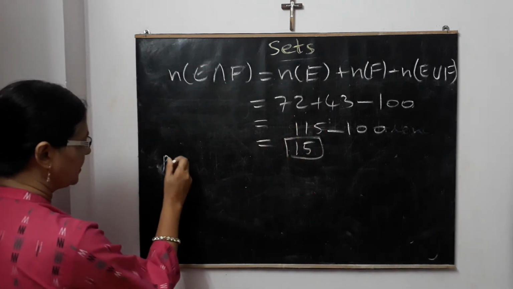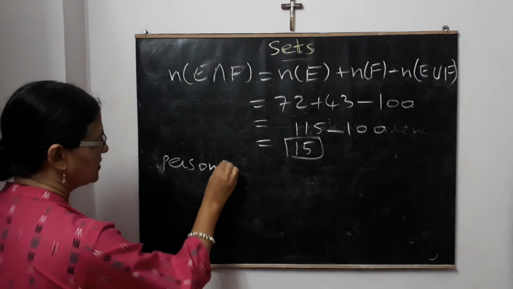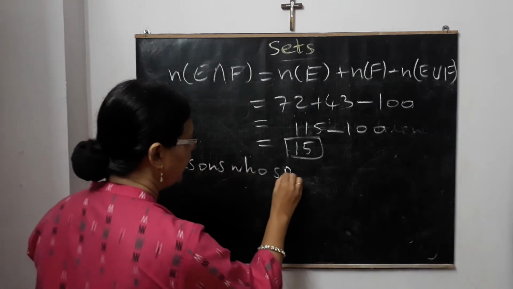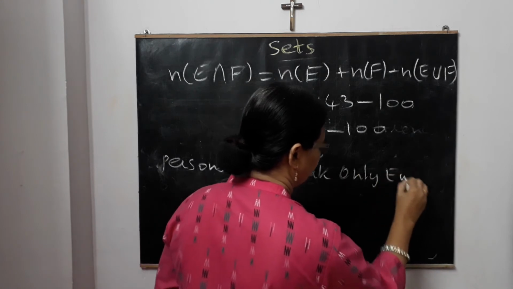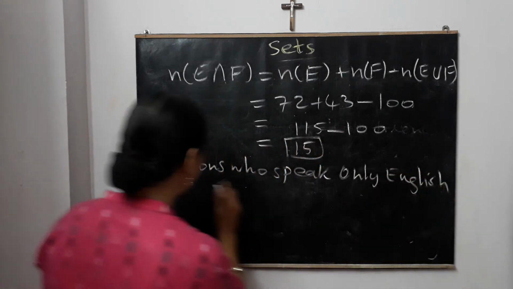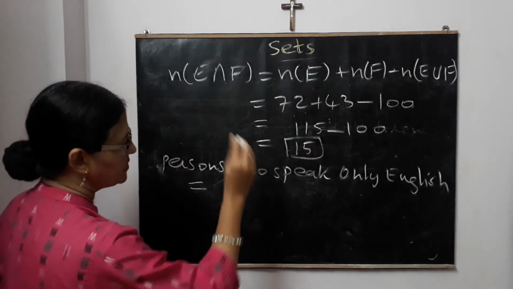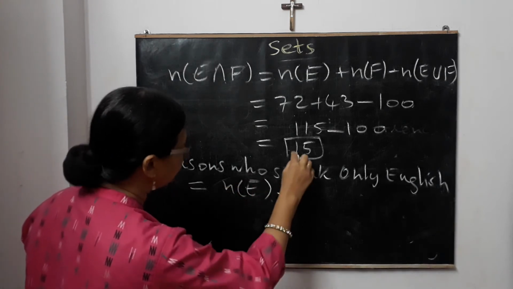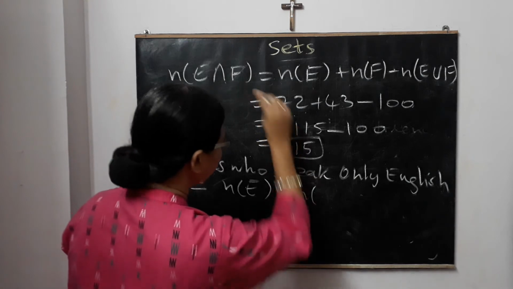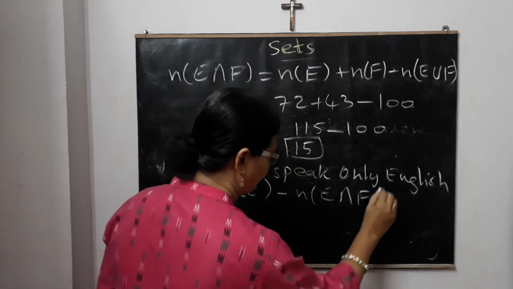So now you are going to write the statement: persons who speak only English will be equal to n of E, which you got earlier, 72, minus the intersection 15. See how I am writing now.